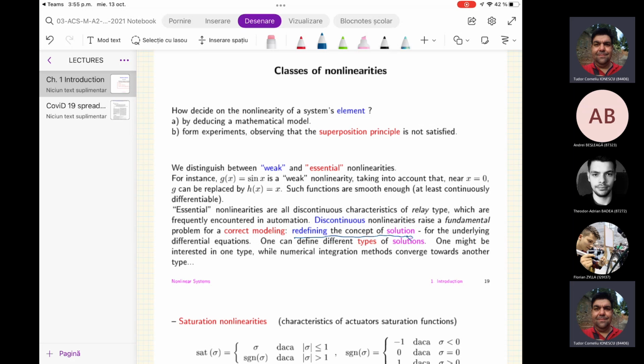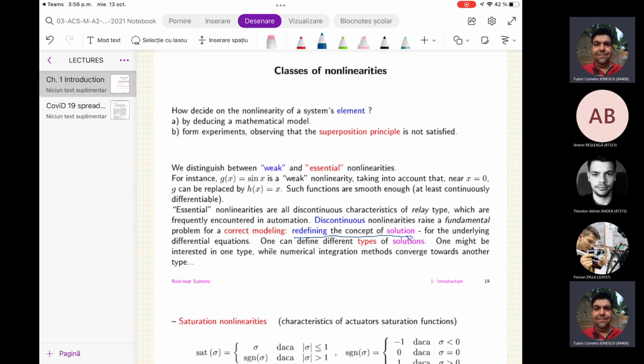So for these essential nonlinearities, you have to come up with a new concept of solution. One can define, they say here, different types of solutions.